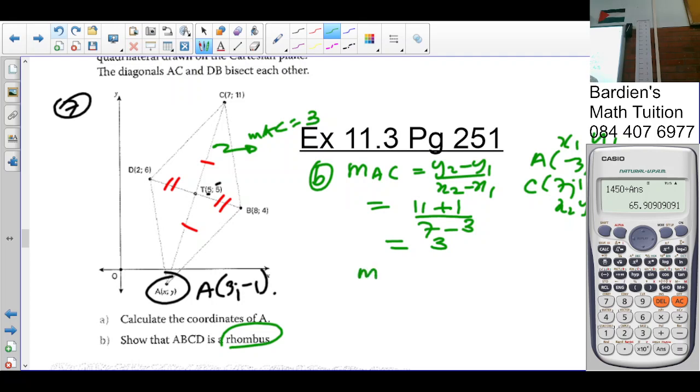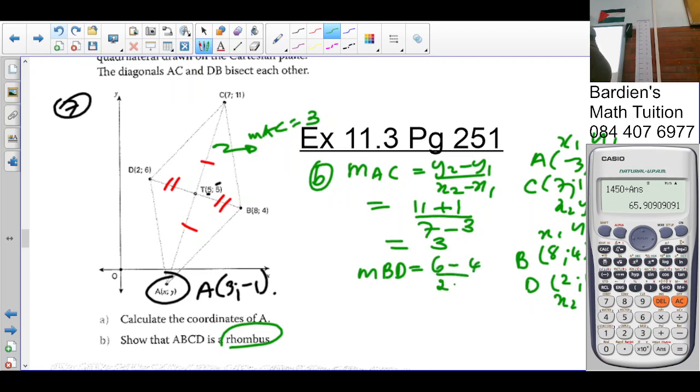The gradient of BD: we go B, which is (8, 4), and D, which is (2, 6). This is x1, y1, x2, y2. So it's going to be 6 minus 4 over 2 minus 8. 6 minus 4 is 2, 2 minus 8 is negative 6. So it's negative a third. That's what I wanted.